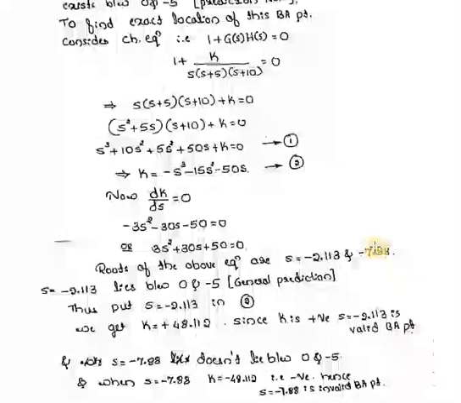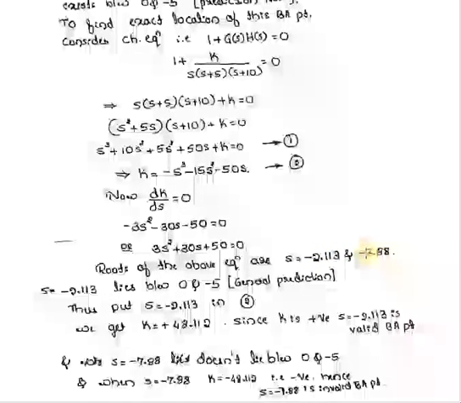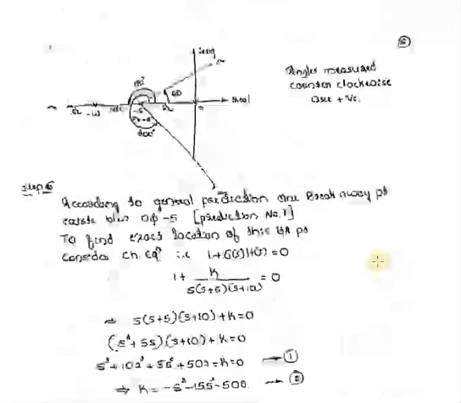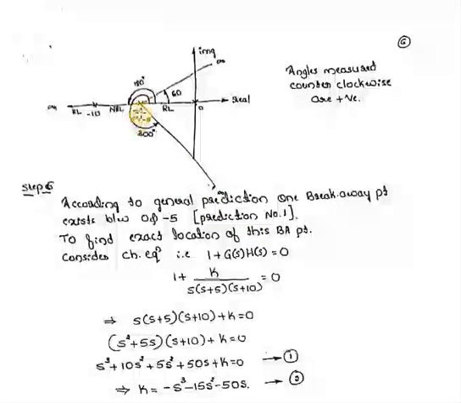Now you have to check whether these values lie on RL or NRL, that is, on the root locus portion or the non-root locus portion. We know that from 0 to minus 5 it is a root locus part. So minus 2.113 is obviously a valid breakaway point. Similarly, minus 7.88 lies between minus 5 and minus 10, which is NRL.